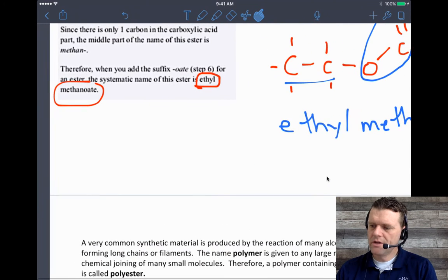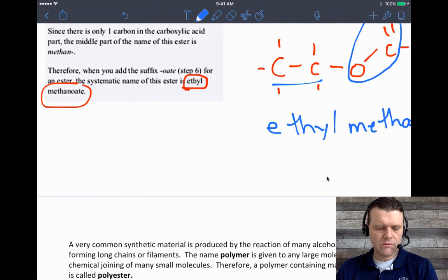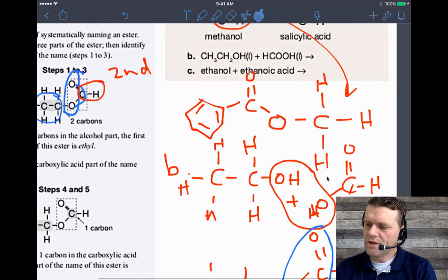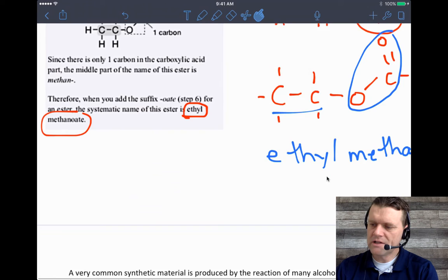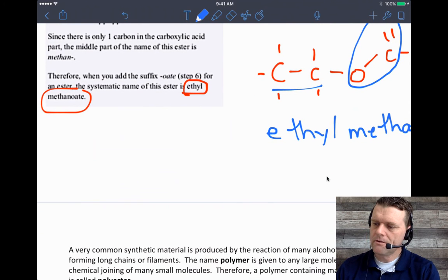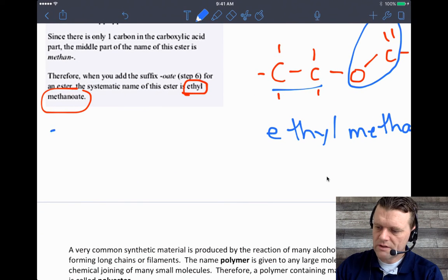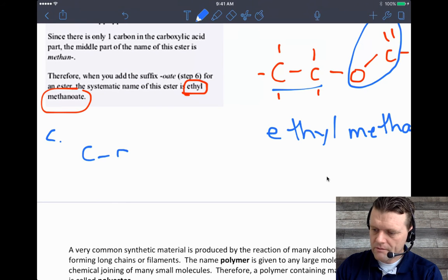I'll just do the last one down here. I guess we've got some space, but you can refer to that in your notes. So the last one is, oh wait, I better check it. It's ethanol and ethanoic acid. So I guess this is C. Ethanol is 2 carbons. We already did that one.